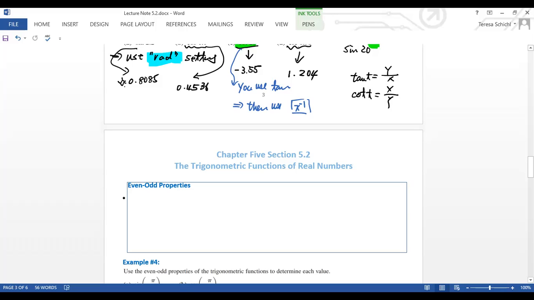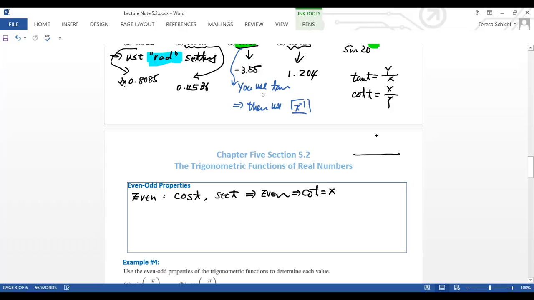The even functions are cosine t and secant t. Why? Because cosine t is equal to x.